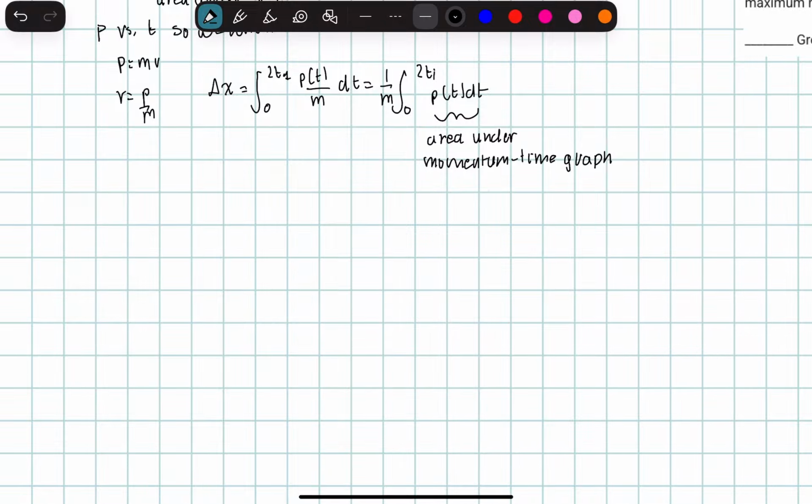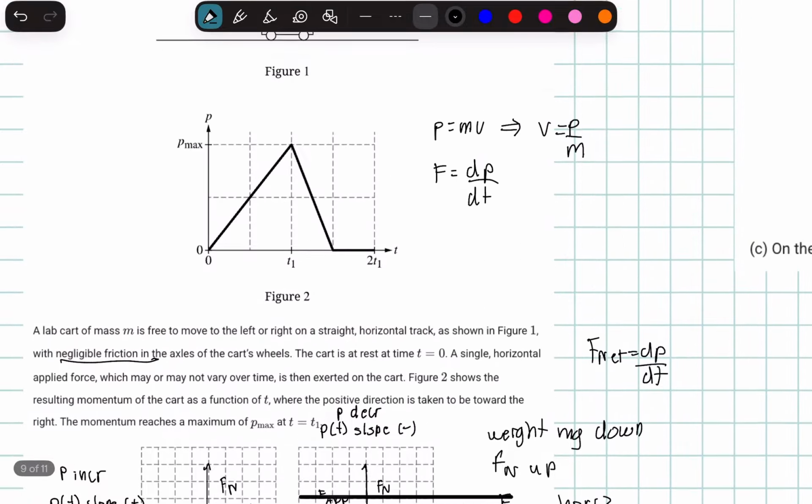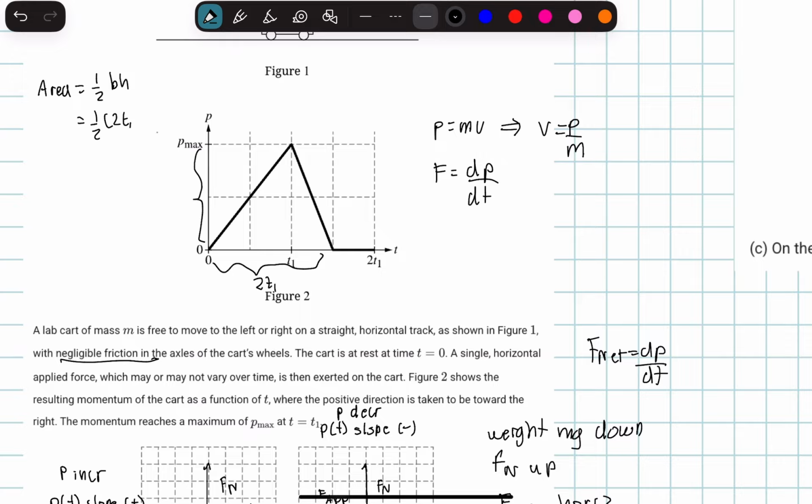How do we find the area? We can look up here and see that the graph is a triangle, so the area is one half base times height. That's one half times 2t1 times p max.